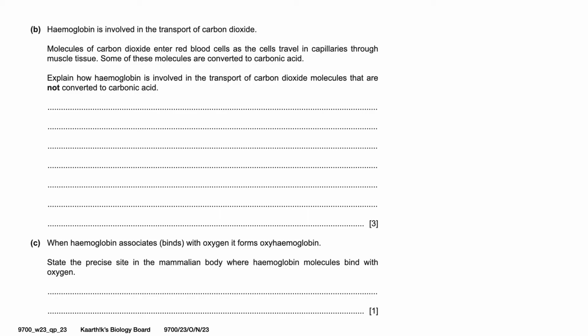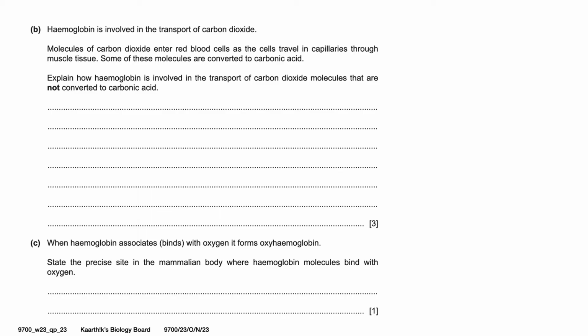Most of the carbon dioxide is converted to carbonic acid and travels through the blood plasma to the heart. But how do the carbon dioxide molecules that are not converted to carbonic acid travel?